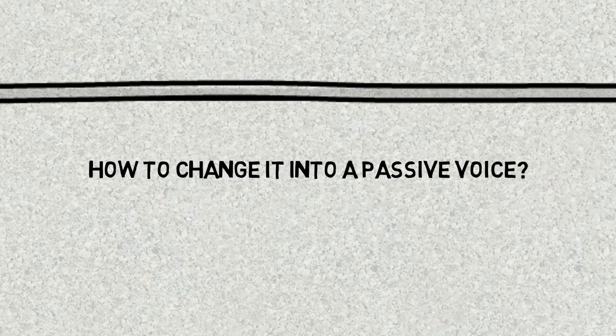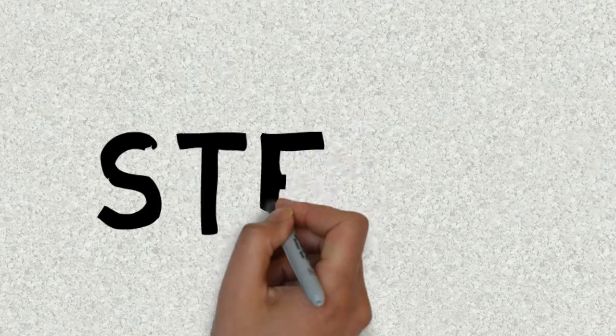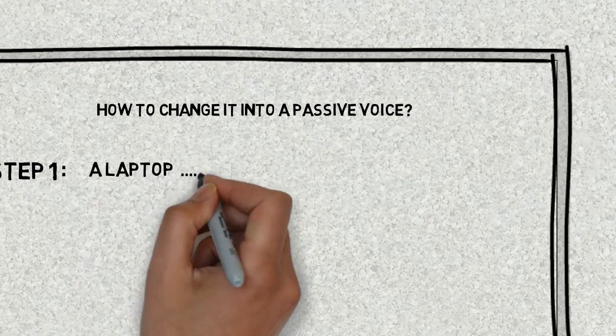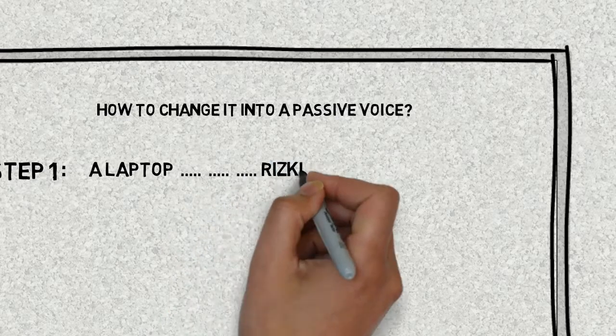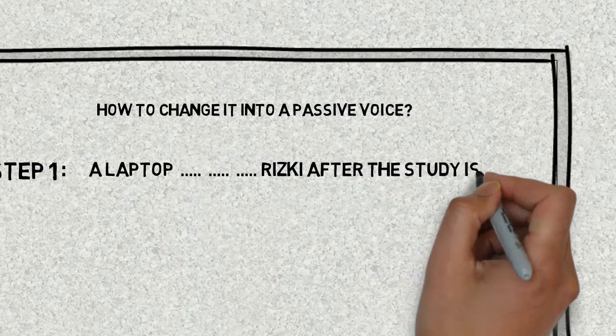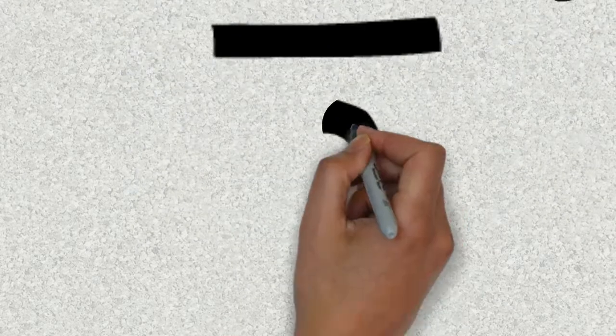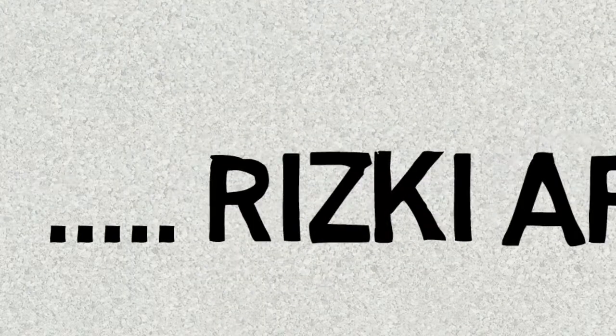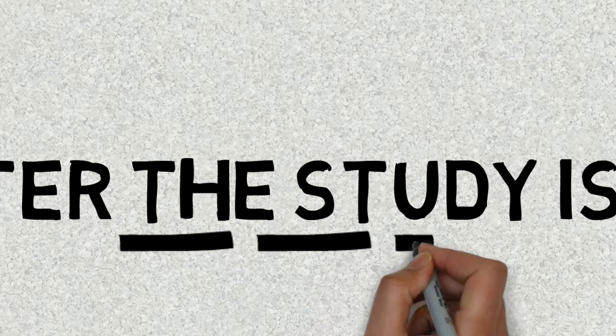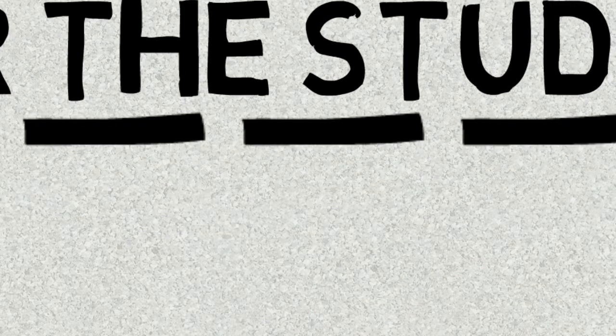How to change it into a passive voice? Step 1 is change the position of the subject and the object. Example: a laptop is blah blah blah Rizky after the study is over. A laptop is the object, Rizky is the subject, and after the study is over is the informal information.